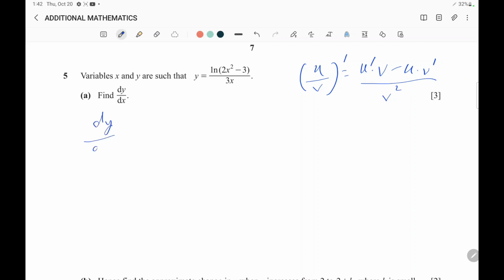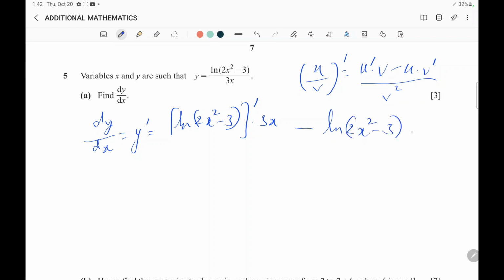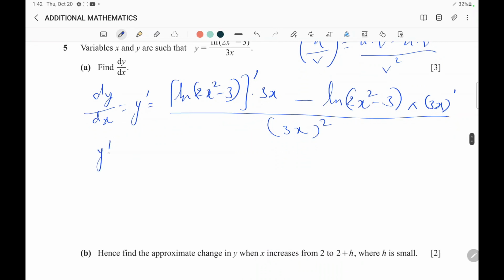Okay, so dy by dx or y dash equals ln of 2x square minus 3, dash, times 3x, minus ln of 2x square minus 3 times 3x dash, over 3x whole square. Okay, now I will differentiate. y dash or dy by dx equals, first I'll draw this line.